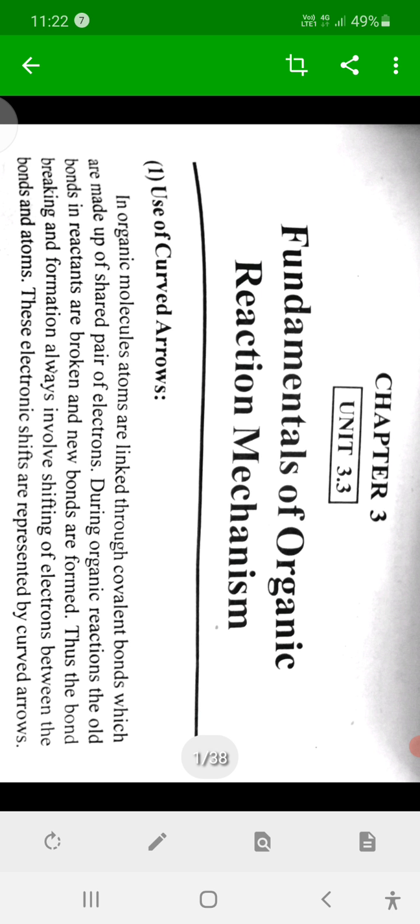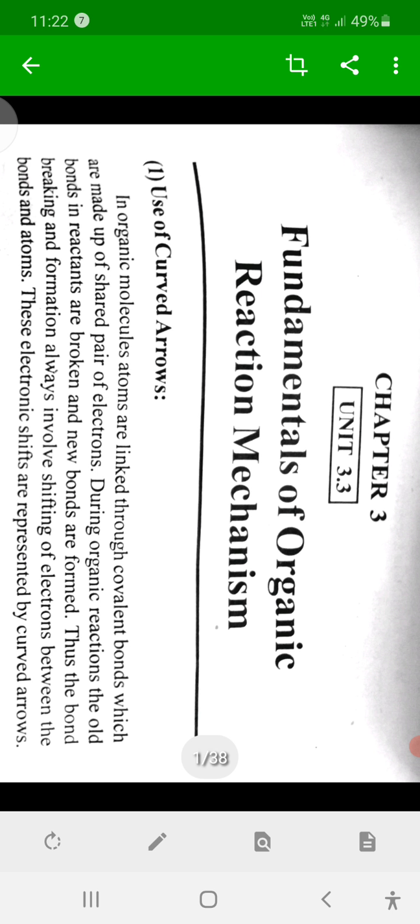In the same way here, in chemical reactions also, processes take place very fast, but for study purposes, stepwise study is required, and that stepwise study is nothing but reaction mechanism.